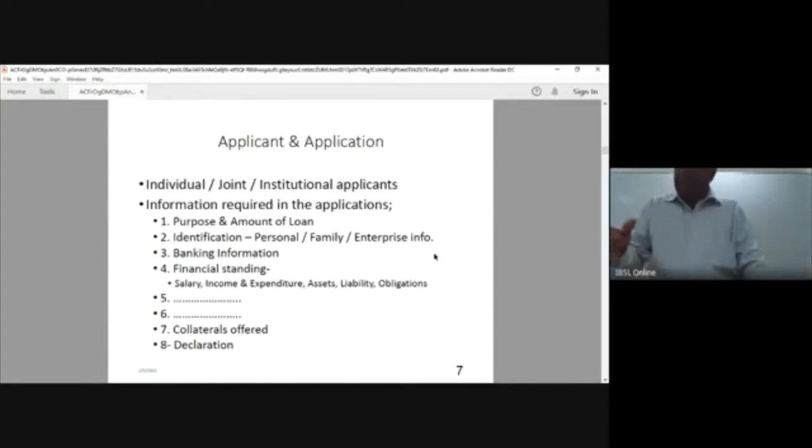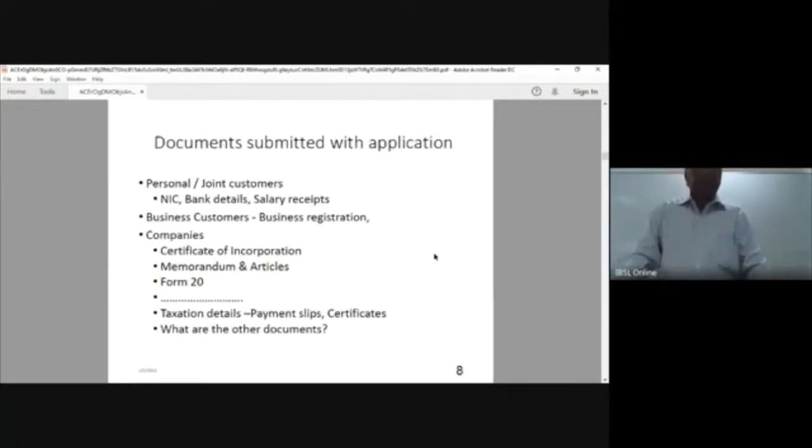There are different types of application form depending on the type of customer: individual, joint, institution applicant. Then documents submitted with the application. Some documents have to be submitted with the application.